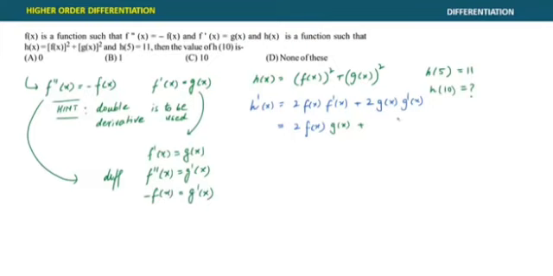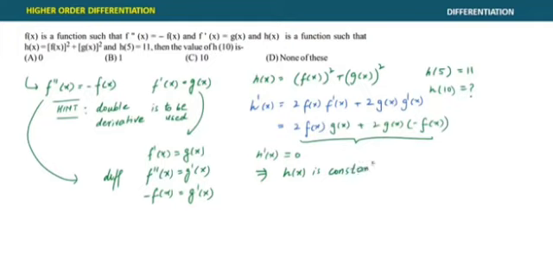So if I put it over here, this becomes 2g(x) times minus f(x). Can you see what is the combined value now? All of them will get cancelled out, so it comes out that h dash x is 0. So when do you get a derivative of a function as 0? This implies that h(x) is a constant function.